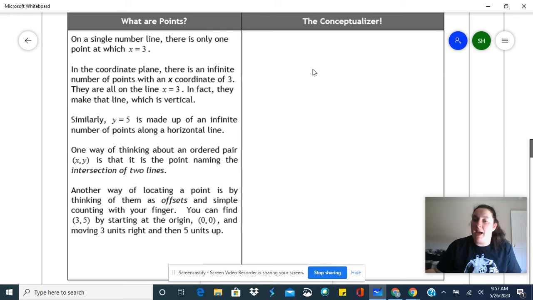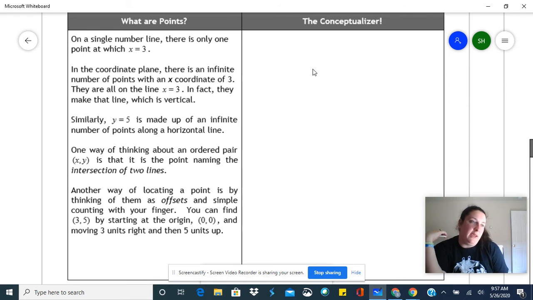So you have all your y options on that line of x. So basically, what you want to remember is that when you're locating a point, you want to think about an ordered pair, (x, y). It's naming the intersection of the 2 points, right?